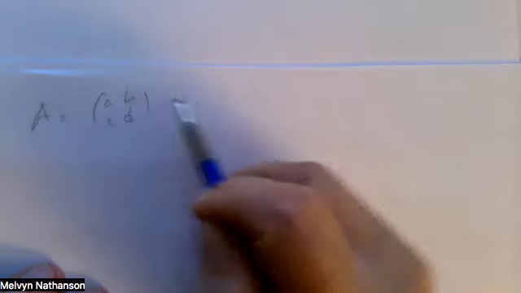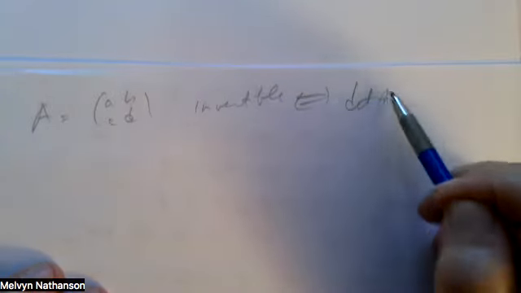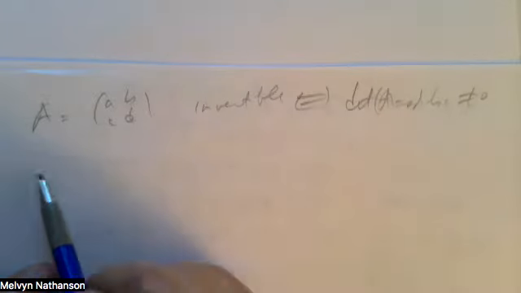So one of the basic facts about 2 by 2 matrices is A equals A, B, C, D is invertible if and only if the determinant of A, AD minus BC, is different from 0.